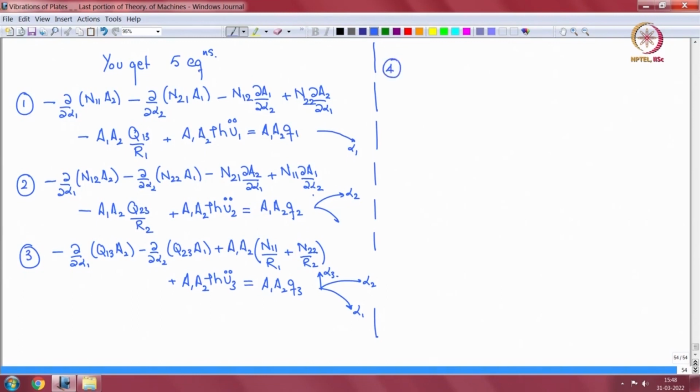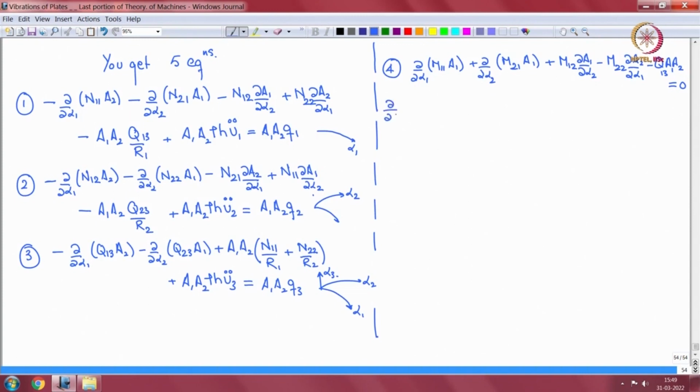So the fourth one is del alpha 1 M11 A1 plus del alpha 2 M21 A1 plus M12 del A1 by del alpha 2 minus M22 del A2 by del alpha 1 minus Q13 A1 A2 equal to 0. It's an equilibrium equation. Okay.